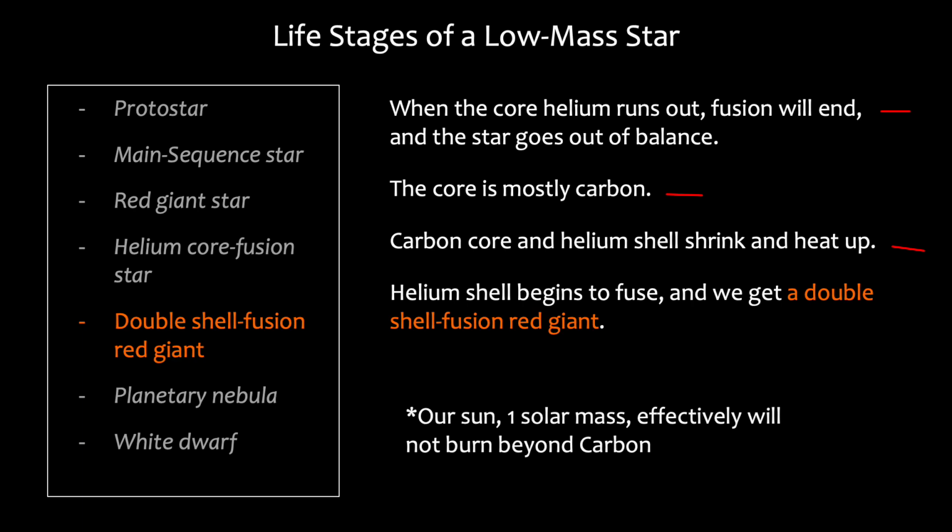Now with this carbon core, there's a helium shell. So underneath the hydrogen shell, there will be a helium shell as well, and then there's a carbon core, right? So near the end of helium burning, the structure is a carbon core at the center, surrounded by a helium shell, which is further surrounded by a hydrogen shell.